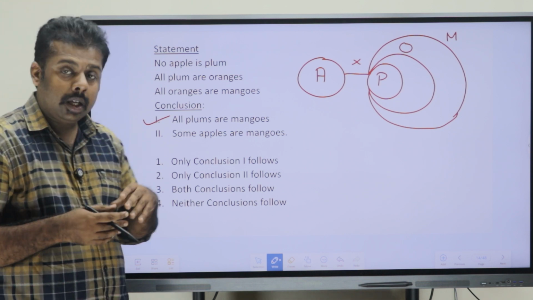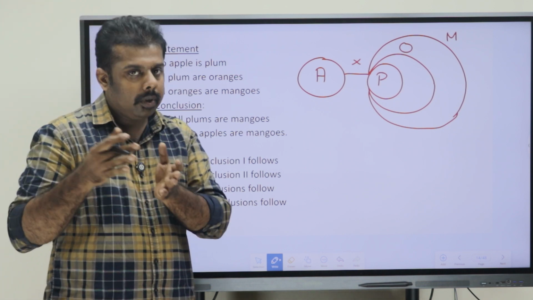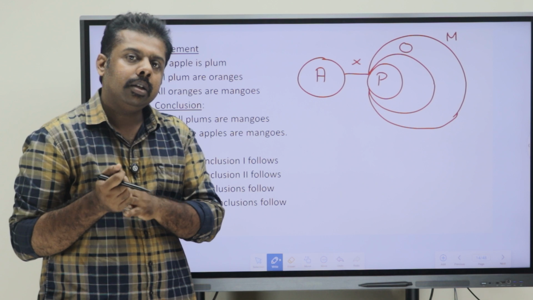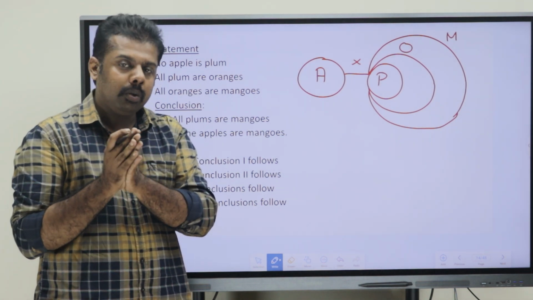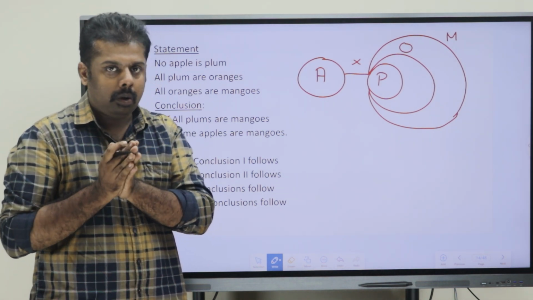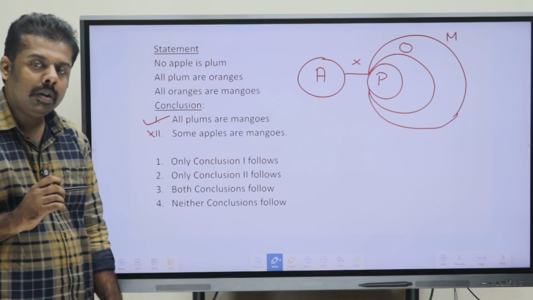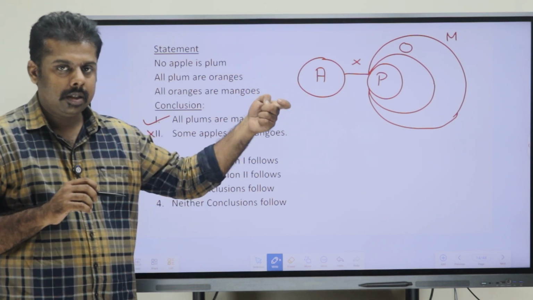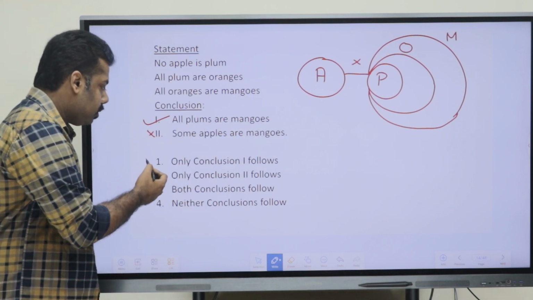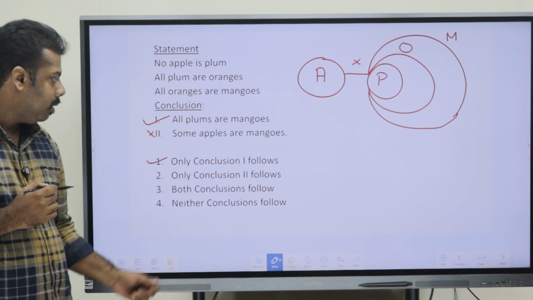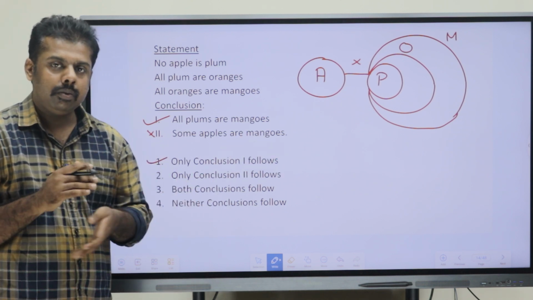We have to say no. If we don't have a direct relation, then as we said, the definite conclusion has to be wrong. So we mark the second conclusion as wrong. The first is right and the second is wrong, so the first option is right. Here our answer is only conclusion 1 follows.